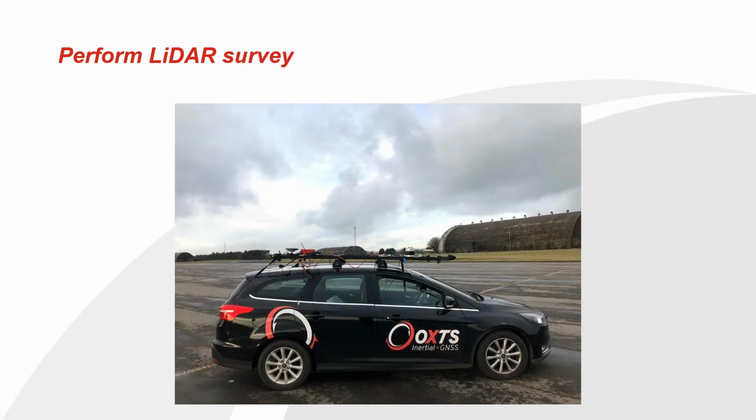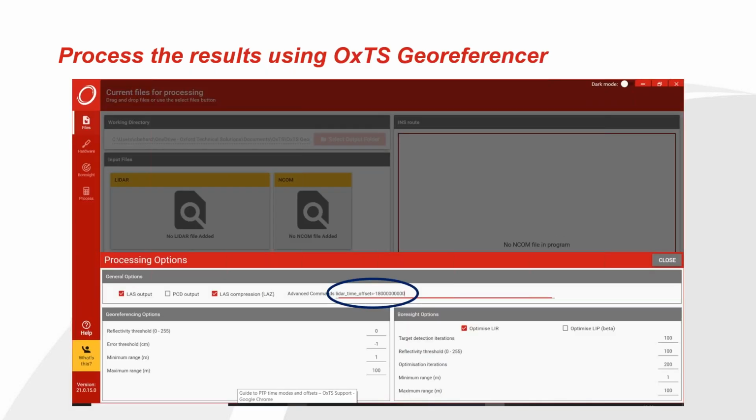So now everything's set up, you can just perform your LiDAR survey. I won't go into how you do that. Then you just need to collect your files, and process the results using OxTS georeferencer.